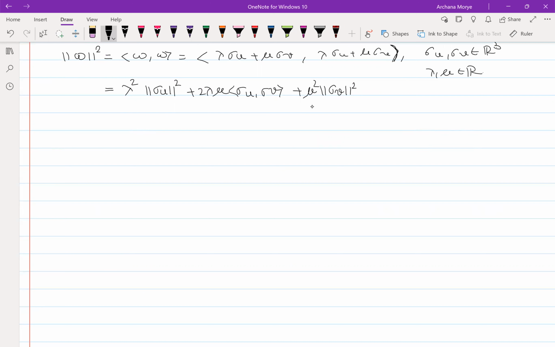The standard notation is E. So E we denote by norm of sigma u square, because it is independent of W. Then we write F as the inner product of sigma u and sigma v, and we write G to be equal to the norm of sigma v square.